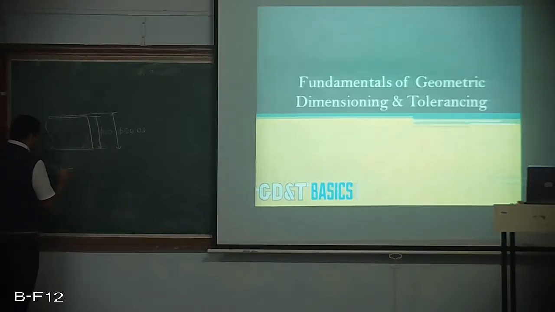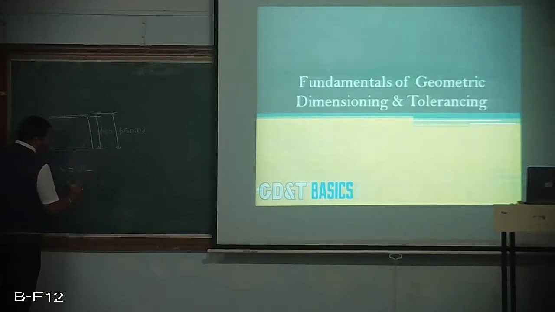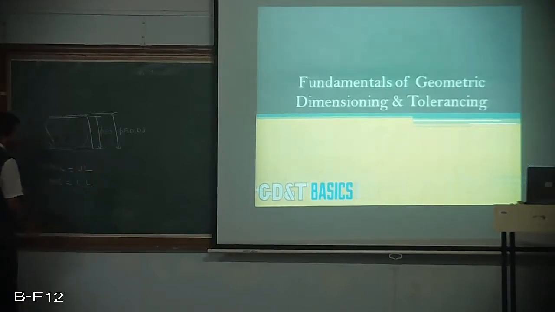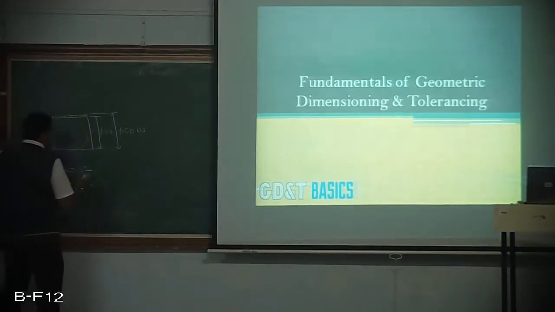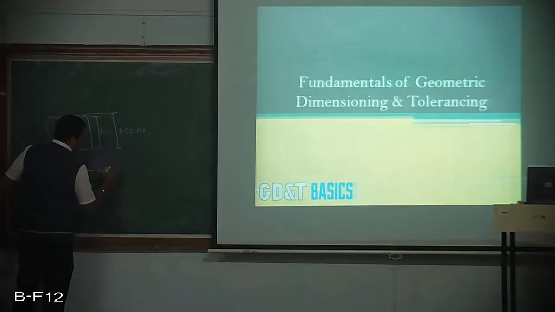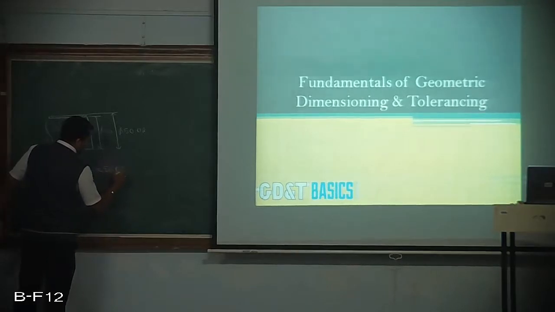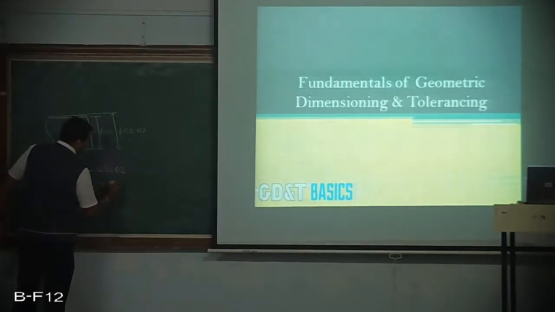Hence maximum material condition for the shaft is upper limit, while the lower material condition for the shaft is lower limit. So here in this case it is 50.02 and here it is 50.